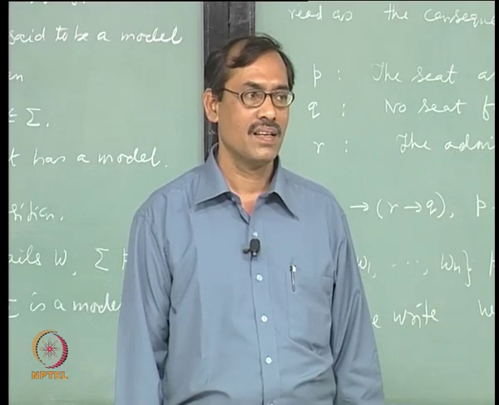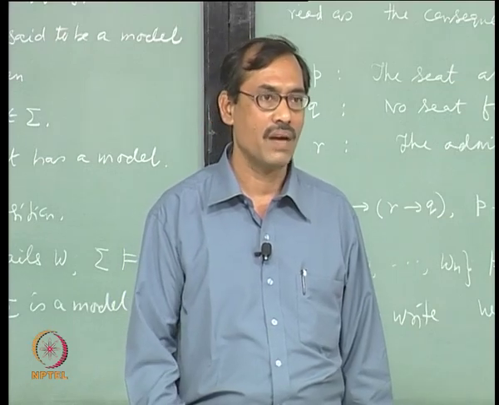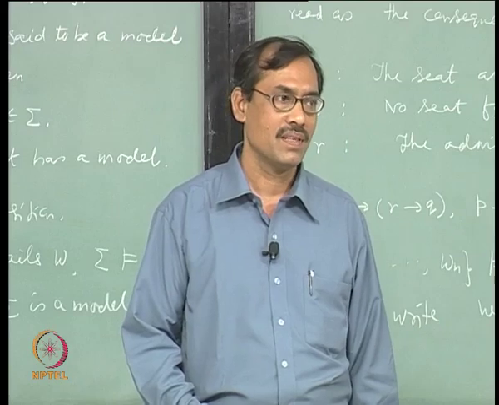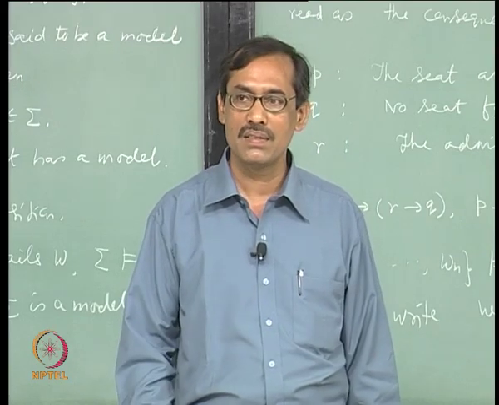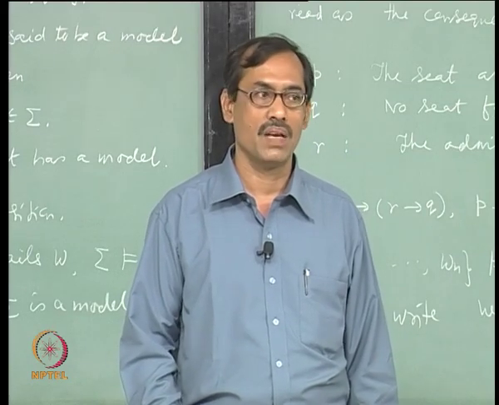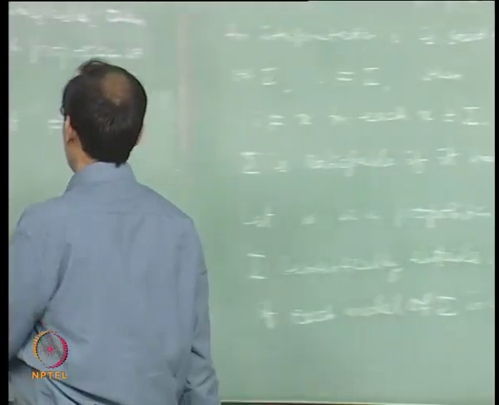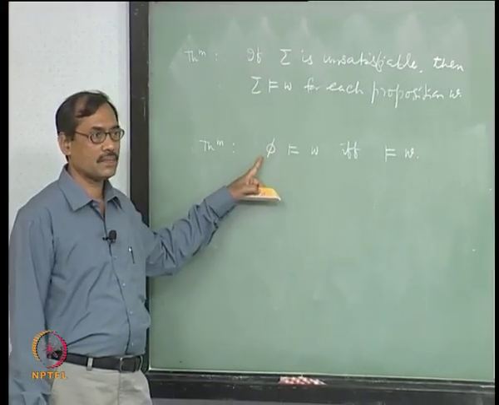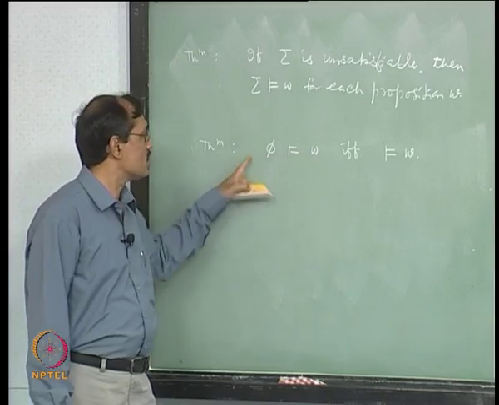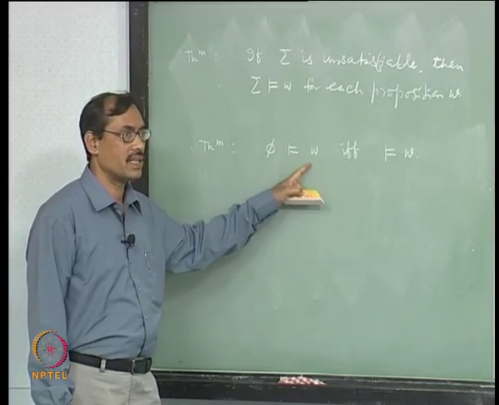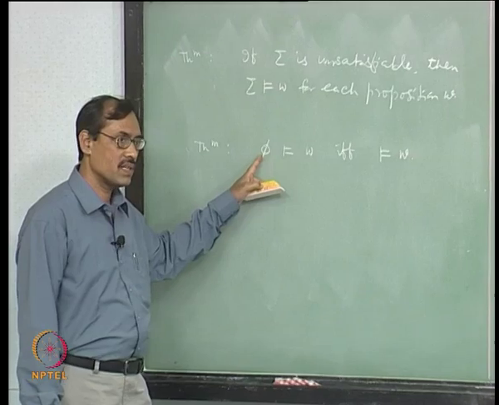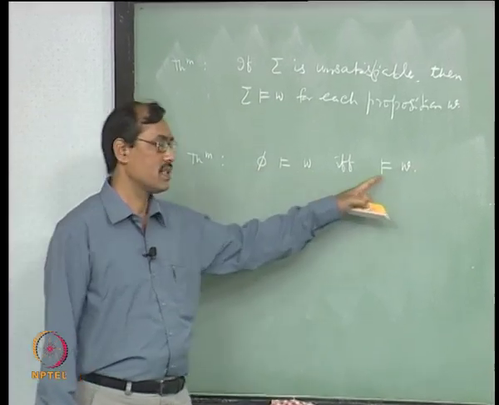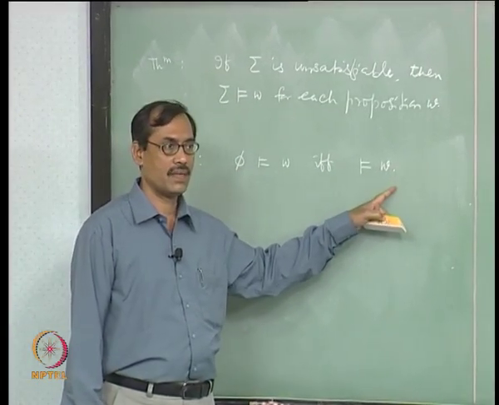Is it clear? We can't find a non model of some proposition in empty set, because empty set has no proposition in it. Therefore, every interpretation is a model of it. So, any interpretation satisfies the empty set. Fine. So, if this is given that empty set entails W, then any interpretation is also a model of W. Therefore, it is valid.